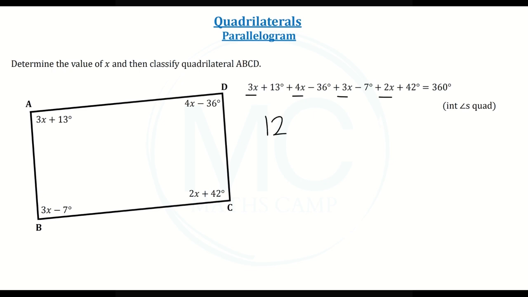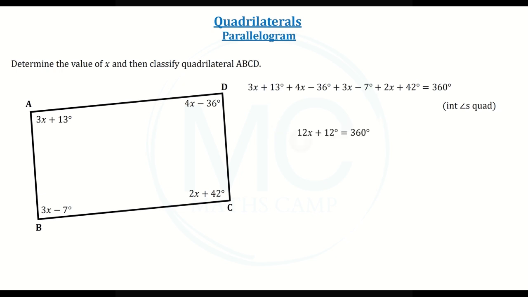Now we have 13 degrees minus 36 degrees, which gives us negative 23 degrees, minus 7, which gives us negative 30, plus 42 gives us positive 12 degrees. Then we make this equal to 360 degrees.